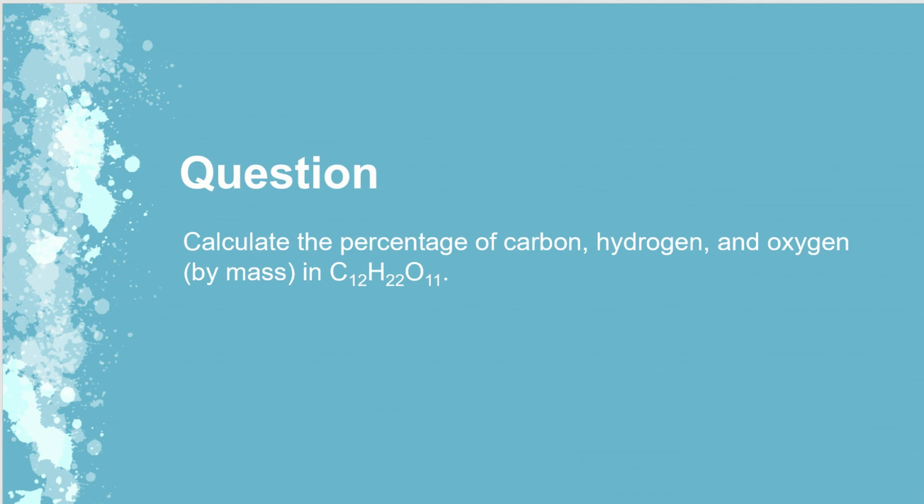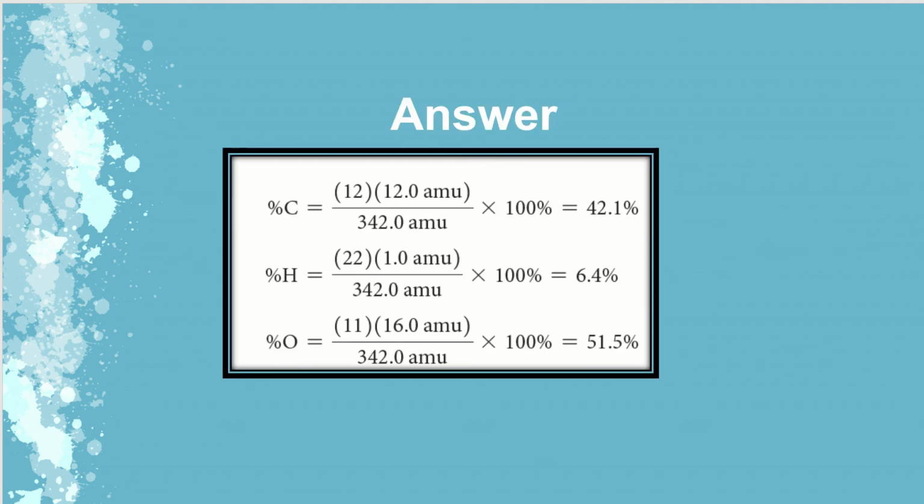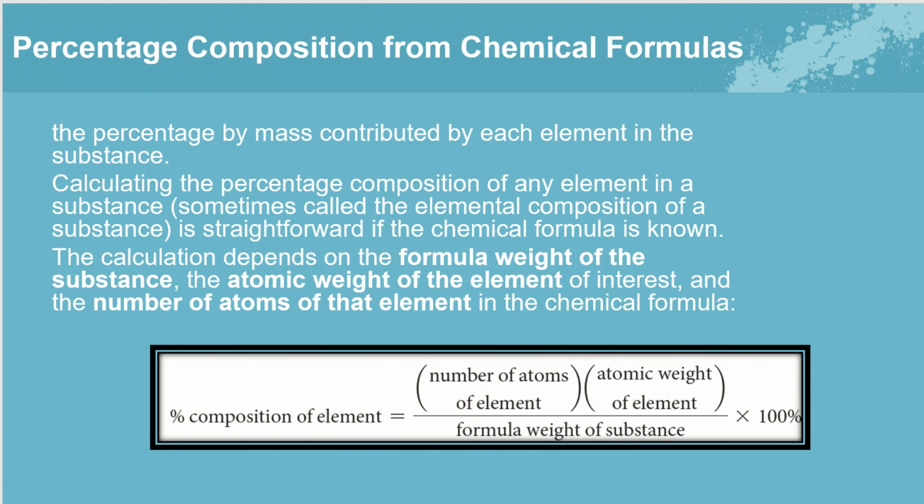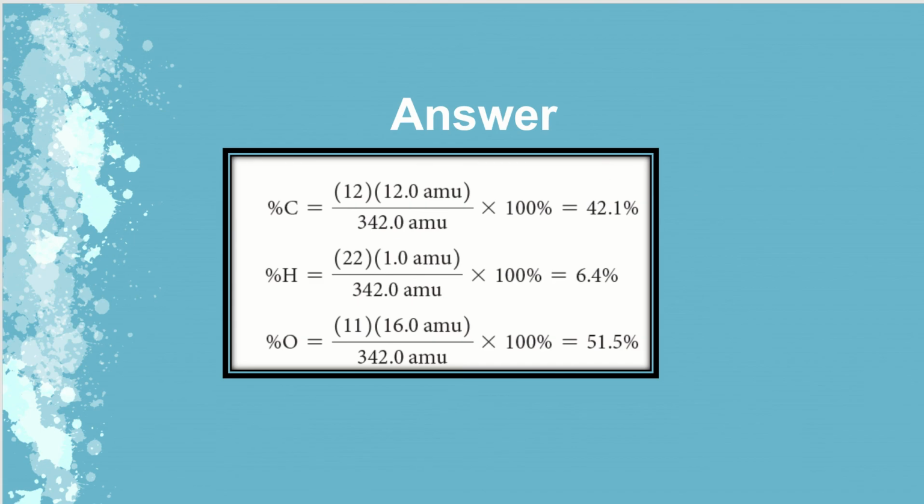And of course, we want to see if we understand this formula. So calculate the percentage of carbon, hydrogen, and oxygen by mass in C12H22O11. All right, using the same formula, we have 12 times 12, and let's go back to the formula again: the number of atoms of an element times the atomic weight of the element, divided by the formula weight of the substance, times 100.